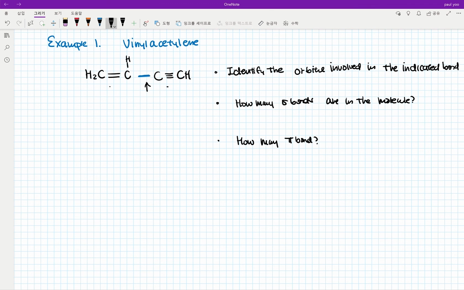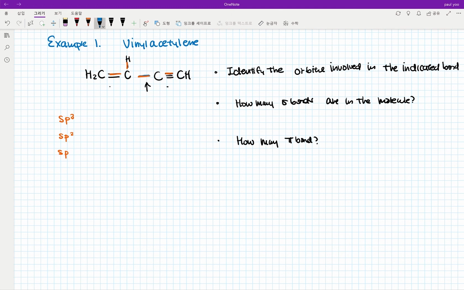So for every atom that is connected with a single bond, we can say these are from the hybridized orbital of sp3 if there is no double or triple bond, sp2 if there is a double bond, and sp if there is a triple bond.